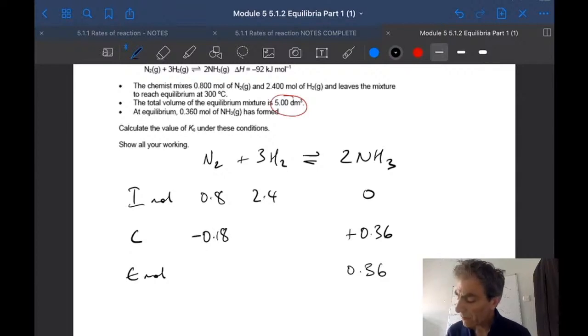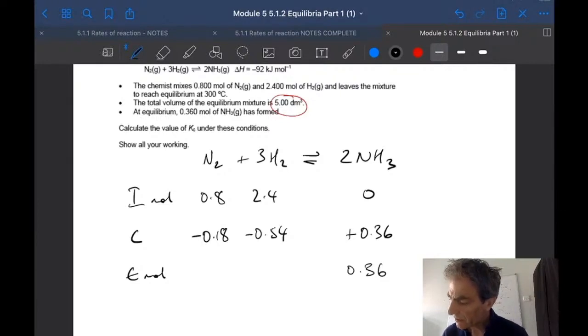And the way I would tackle this, now I've got that, I would just say therefore if 0.18 moles of nitrogen react, 3 times that of hydrogen would react. Okay, that's the easiest way to do it. So that's going to drop by 0.54.